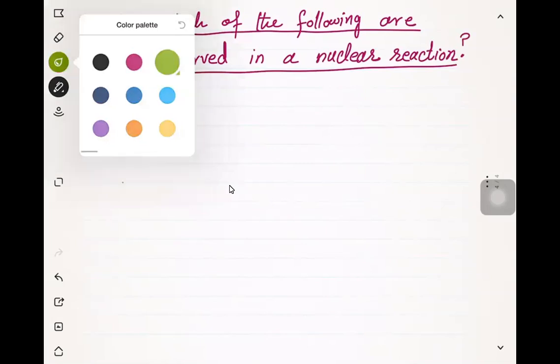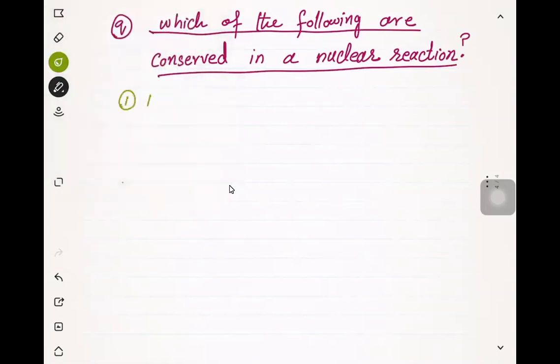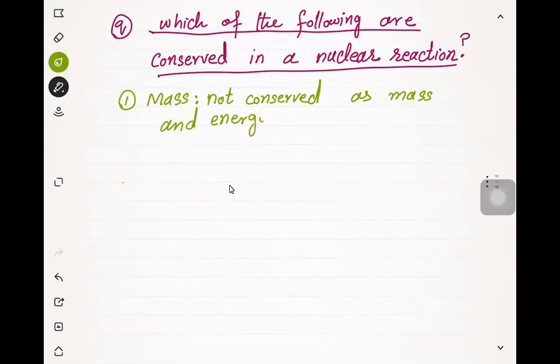The first thing is number one, mass. The answer is it is not conserved. Reason: mass and energy are interconverted.